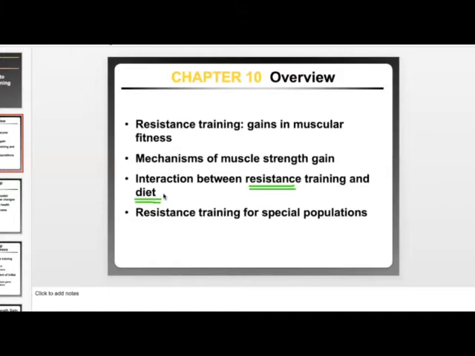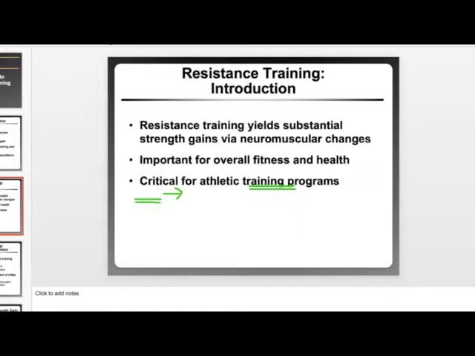And if there's not enough fuel because there's not enough calories in the diet, then all of the calories are going to go for metabolic energy, as opposed to having enough left for increasing muscle mass. All right, so we do have to discuss a little bit about diet. And this is pretty much the overview of chapter 10. So let's get into the introduction here.